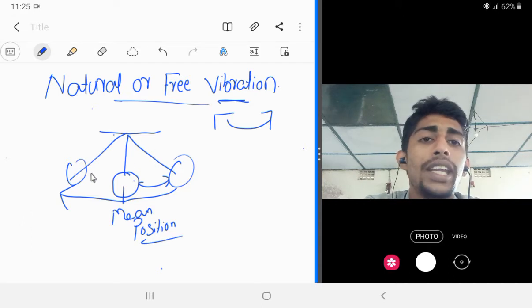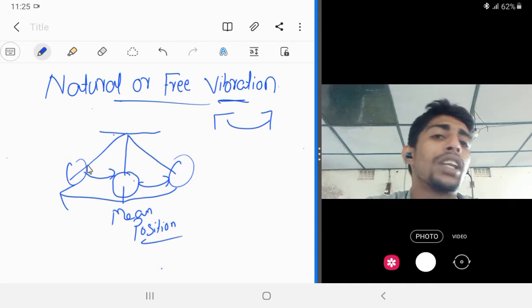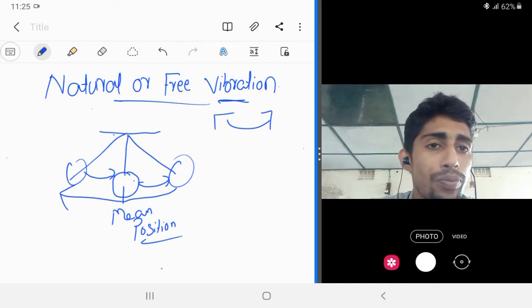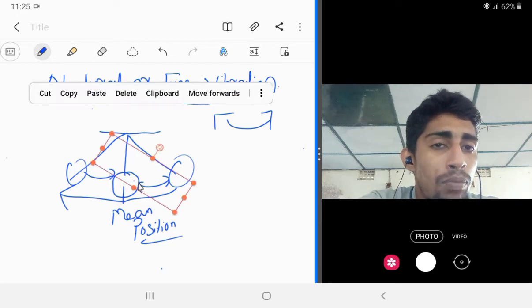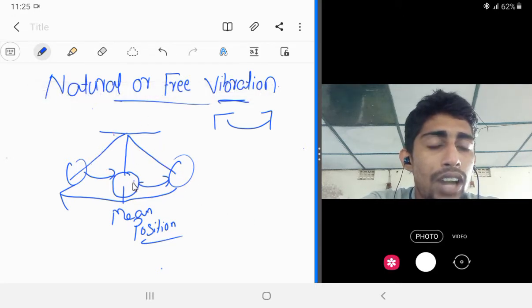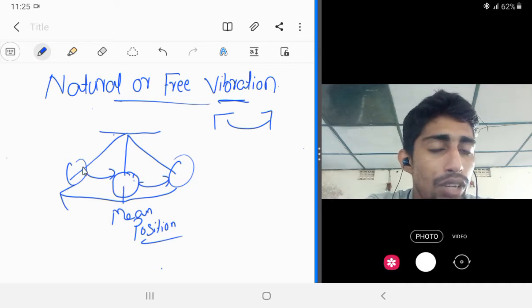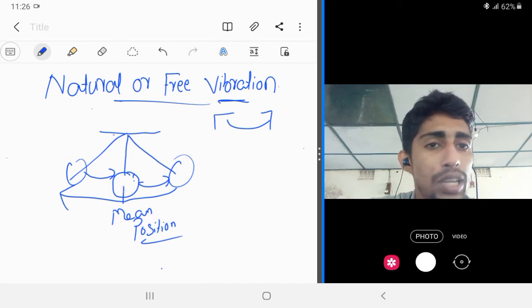No, again it will come back, then again move there and come back. This movement will continue. The bob starts from the mean position, moves in this direction, then comes to its mean position, then again moves to the left side, then again comes back to its mean position.